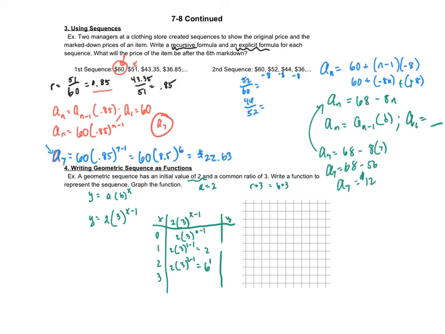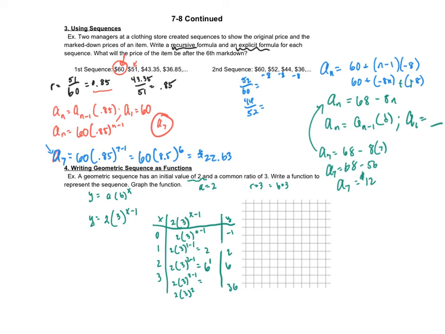And then last but not least, 3, so I'm going to have 2 times 3 to the third minus 1, which is going to be 2 times 3 to the second. So that is going to be 2 times 18, which is 36. So we have 36, we have 16, we have 2, and negative 1.